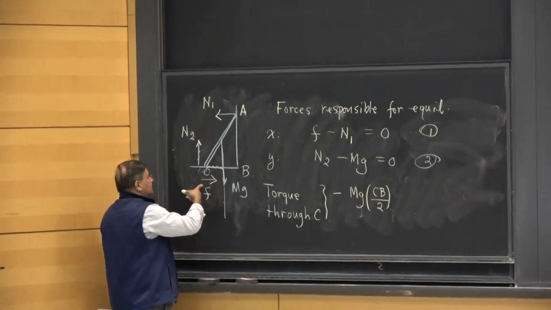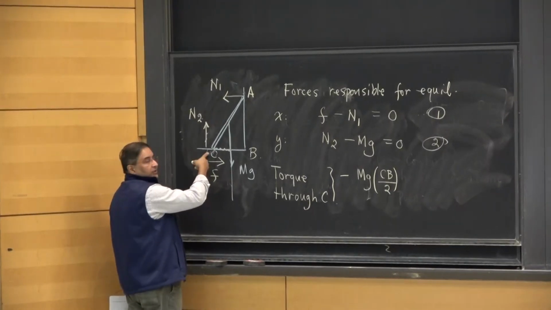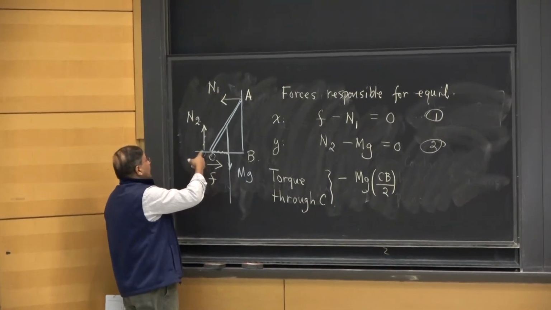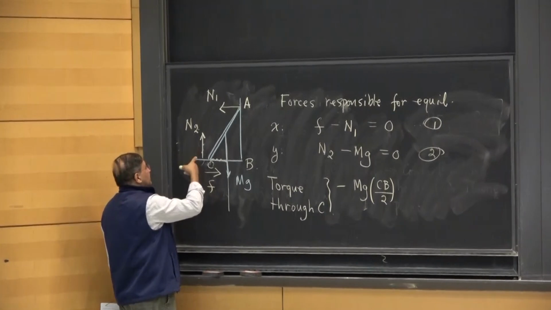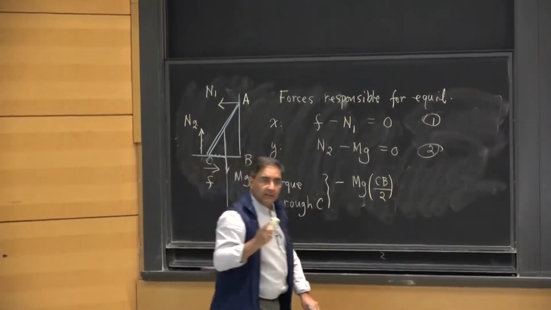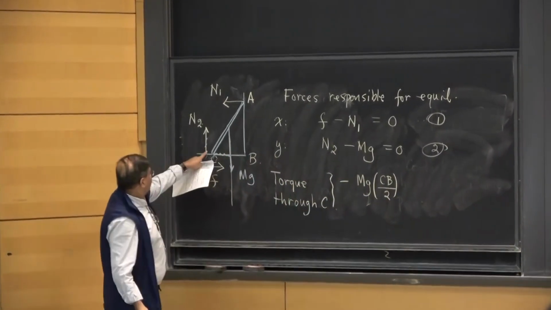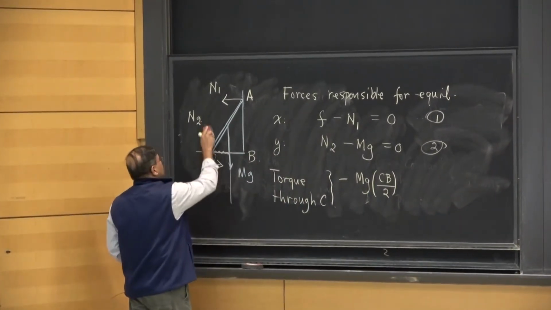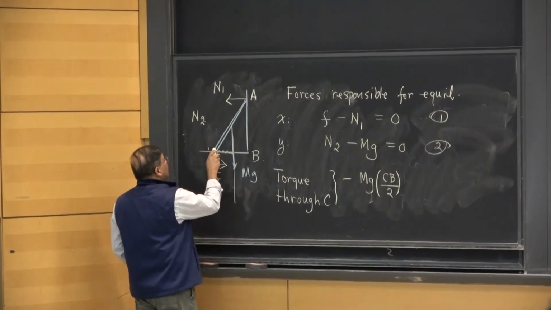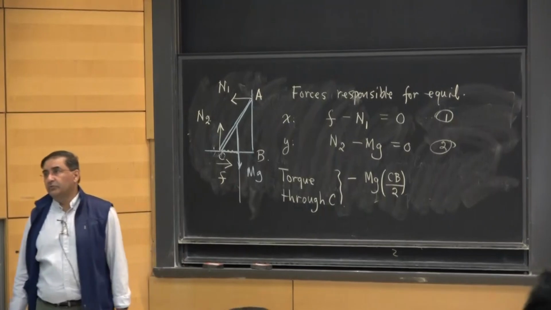As far as friction is concerned, friction is passing through point C, so the friction force here will not give me a torque. This normal force will also not give me a torque, because this normal force is at the end of the ladder where the ladder touches the ground. I haven't drawn it with due diligence, but this normal force is right here, so it passes through C, and that doesn't give me a torque either.